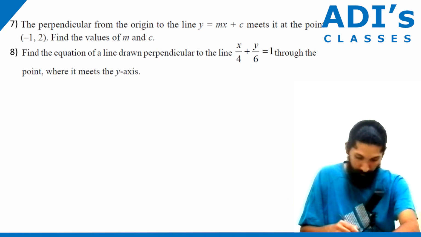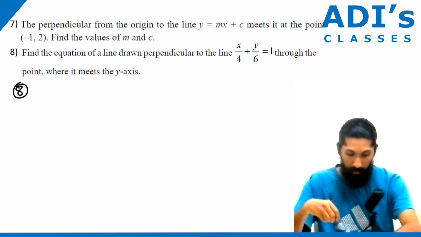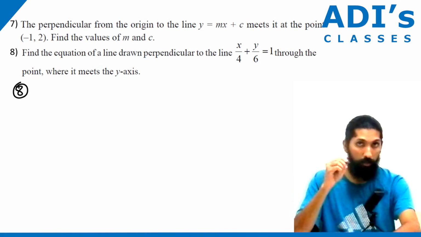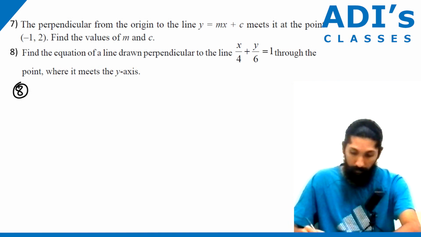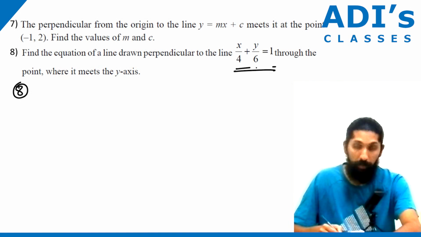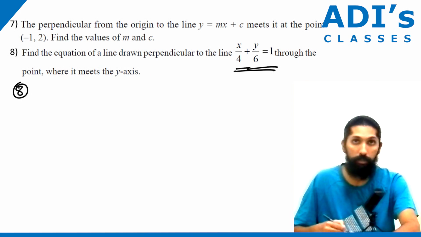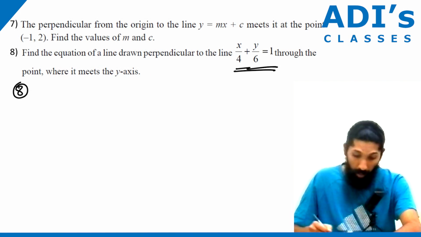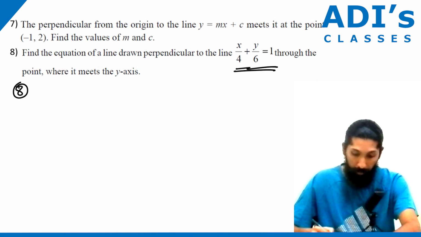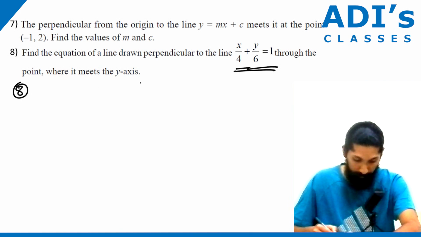See the 8th one? Equation of the line drawn perpendicular to this one, see, the question you have to carefully understand. Perpendicular to this line through the point where it meets the y-axis. So equation of a line perpendicular to this line. First thing, we have to calculate the slope of this one. Correct?